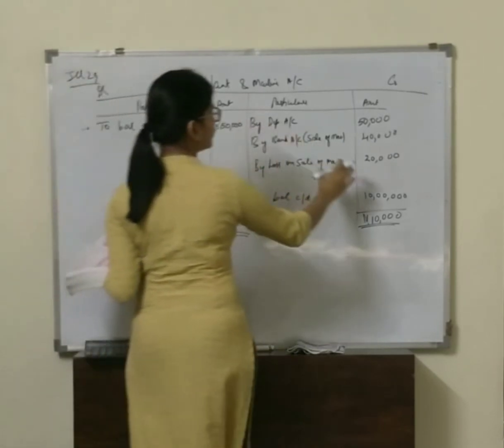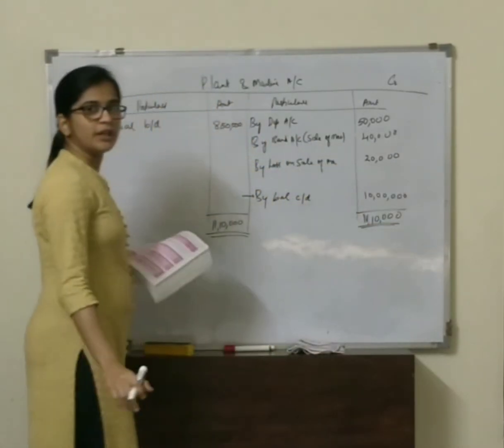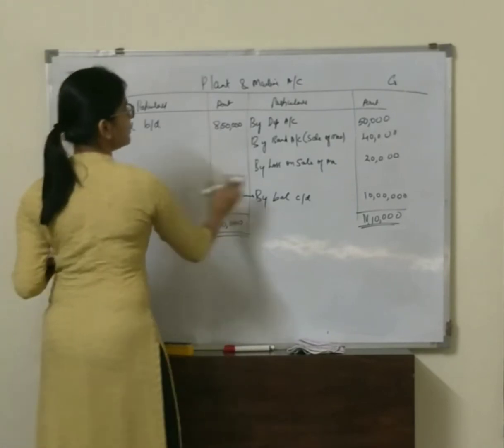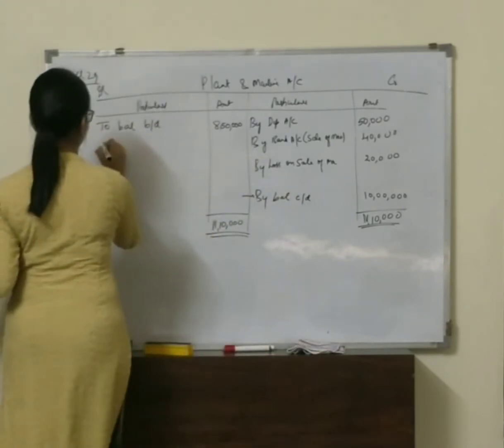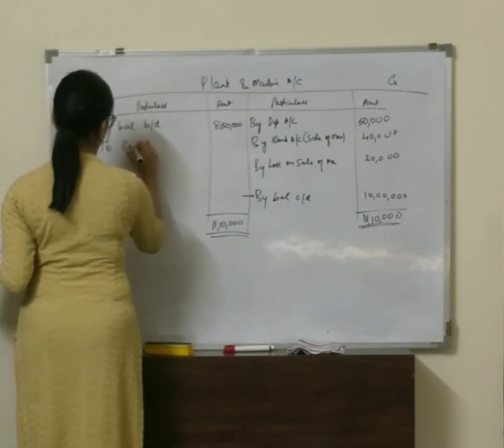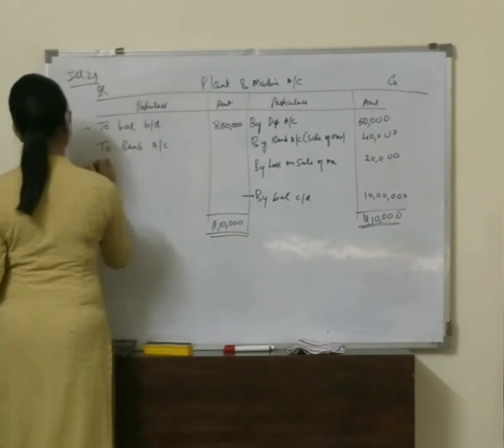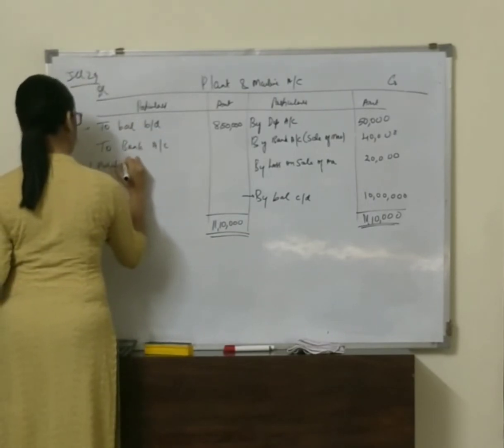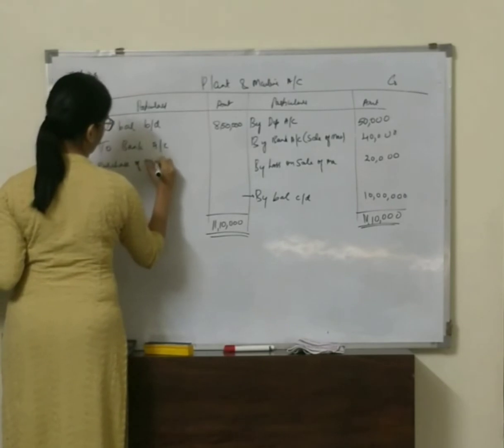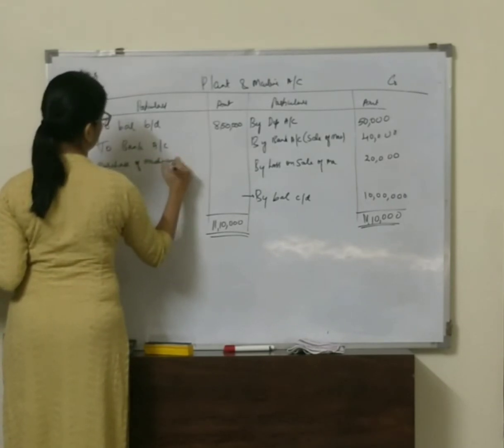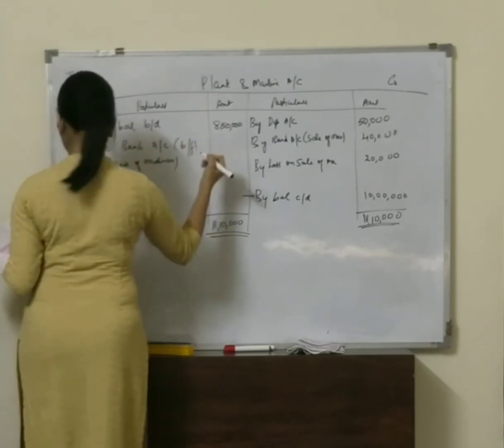If our debit side is more than our credit side, it will be sale of machinery. In this problem, our credit is more than the debit, so we will be writing to bank account, in bracket purchase of machinery. This is our balancing figure.